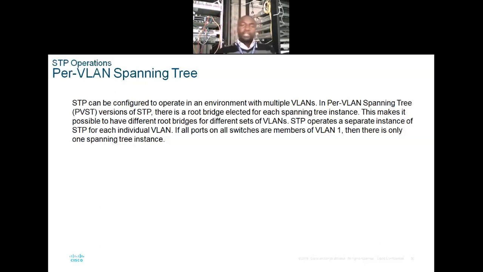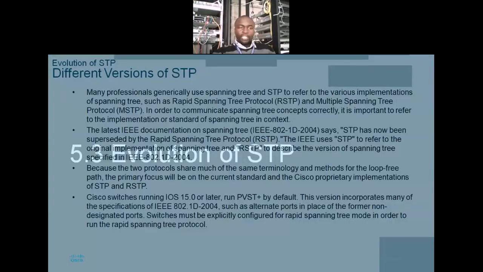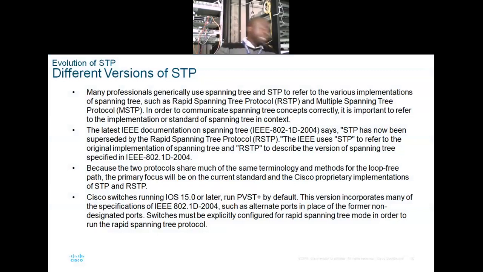What we are saying is that if I have a switch that has multiple VLANs, I can create Per-VLAN spanning tree. So on a particular switch, instead of having a root bridge, the root bridge is going to now be logical. Now let's look at the evolution. The evolution basically describes the different types of STPs that we have and the versions.